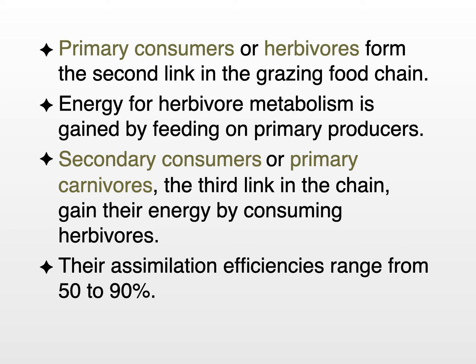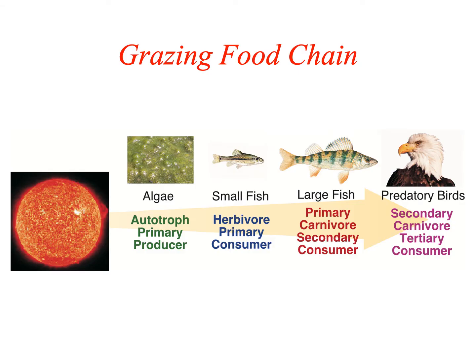Secondary consumers, or primary carnivores, are the third link in this grazing food chain, and they obtain their energy by consuming herbivores. Their assimilation efficiencies range from 50 to 90%. So we've talked about the first four stages in this grazing food chain.